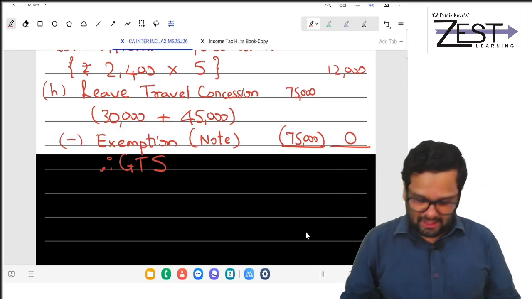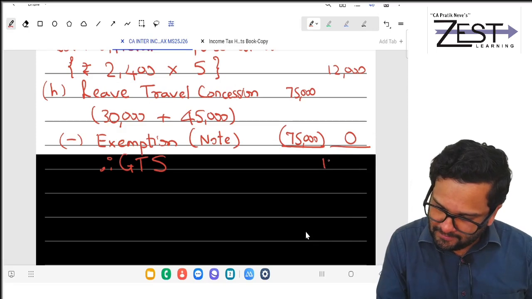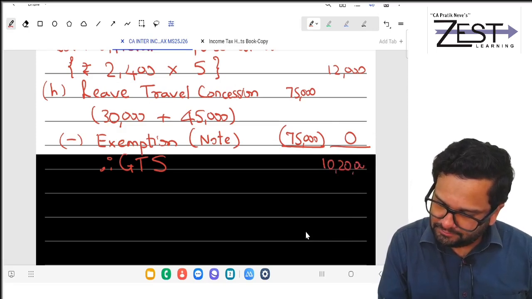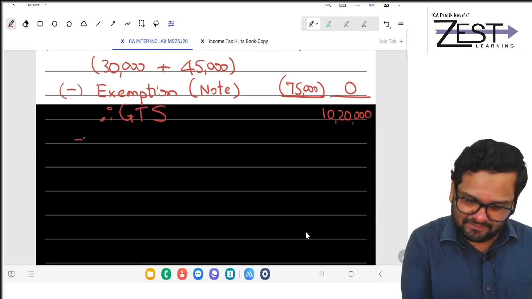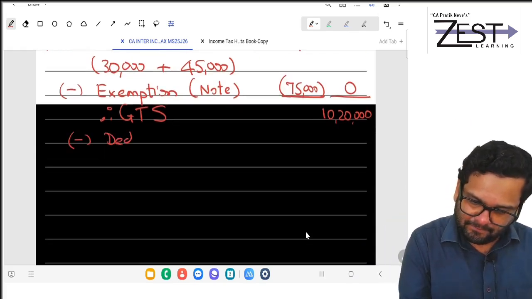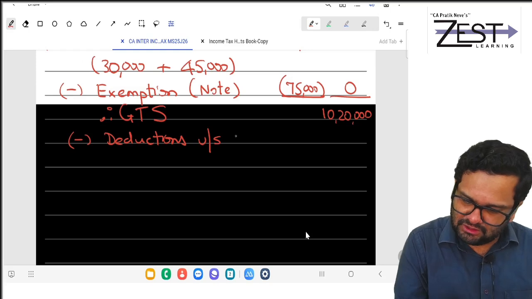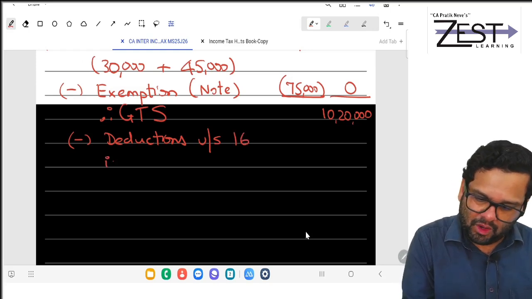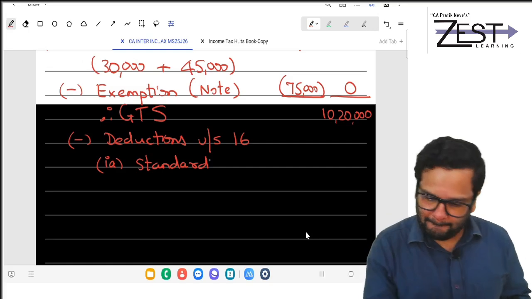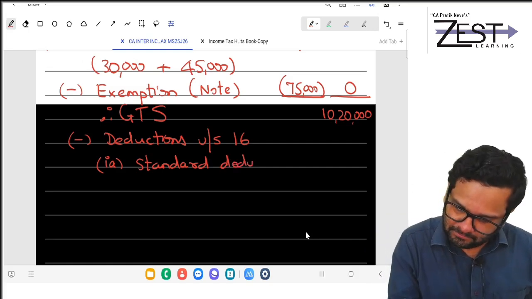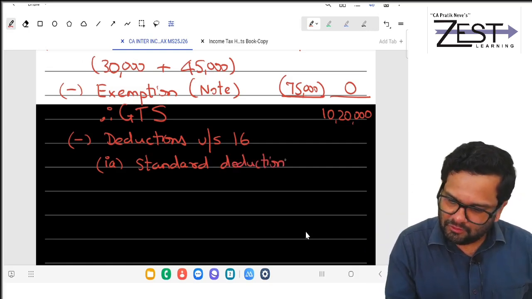Okay. You are saying I am relying on you. 10 lakh 20,000 less deductions under section 16(ia) standard deduction 50,000.